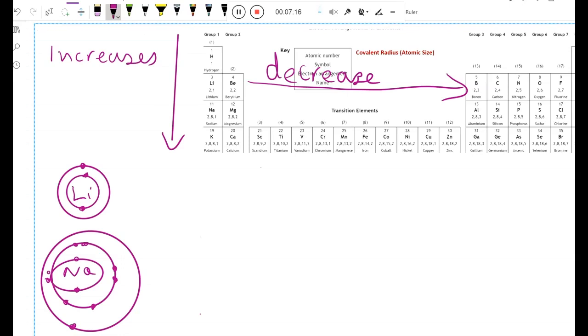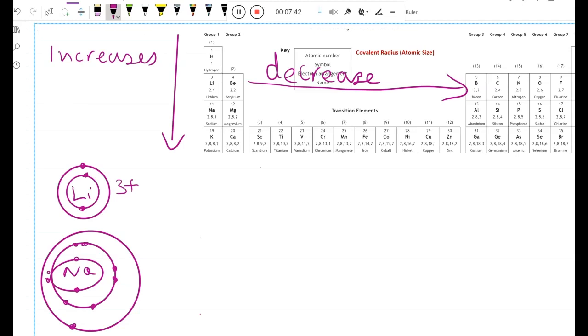Now, the reason I drew them is to give you a clearer picture of this shielding effect. So, we have gone from lithium, with an atomic number of 3, which means I've got 3 protons, so a nuclear charge of 3.